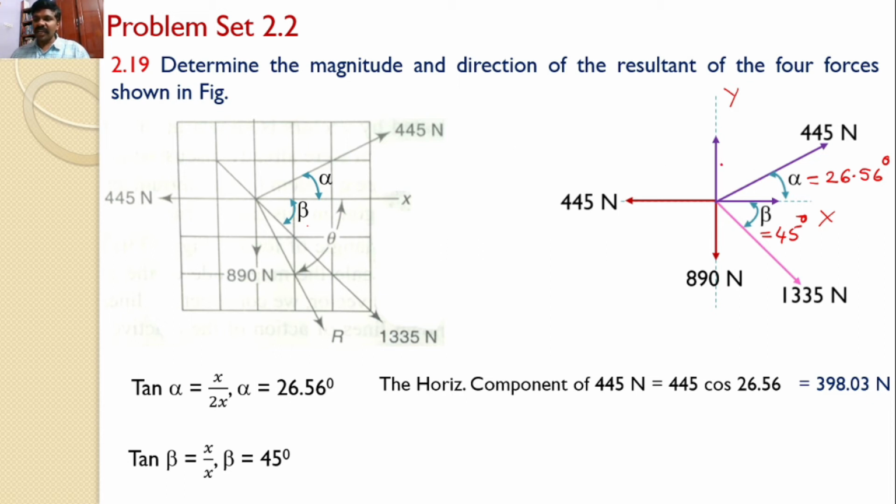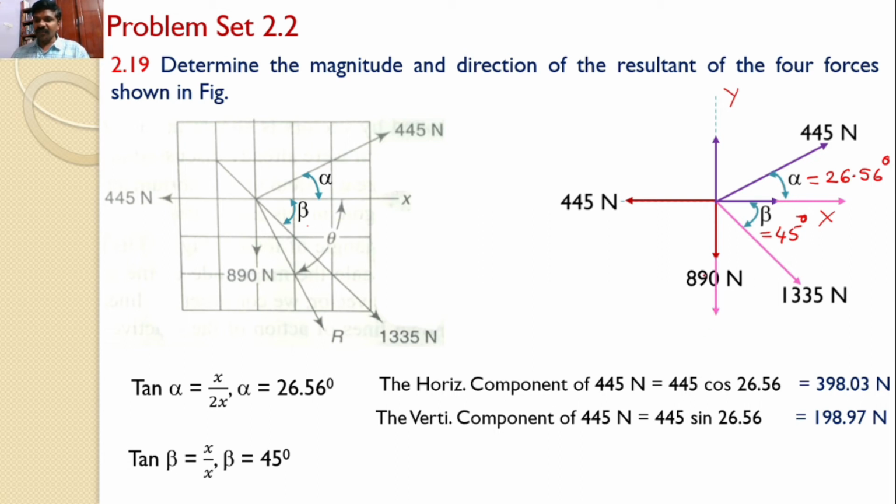And what about the vertical component? Obviously, this becomes a sine component. The vertical component of 445 is equal to 445 into sine 26.56, which gives the value 198.97 newtons. Similarly, the 1335 newtons force, I want to resolve along the x and y axes. If you resolve this along the x axis, that force direction will be like this, and the y component force is along like this.